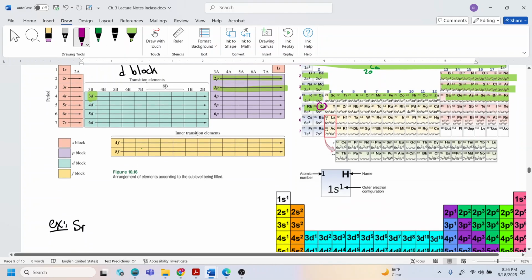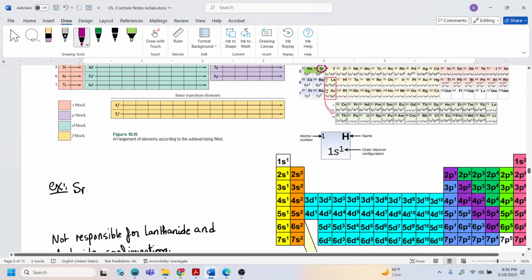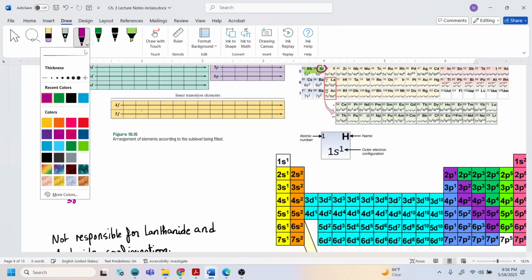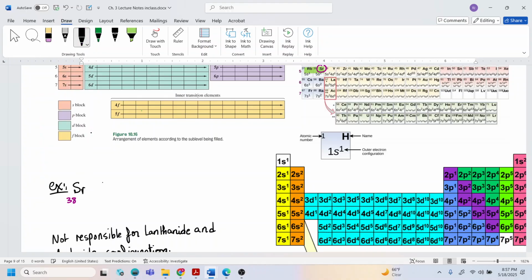So let's write that down. Sr has an electronic configuration with atomic number of 38. So Sr is going to be 1s2, 2s2, 2p6, 3s2, 3p6, 4s2, 3d10, 4p6, and then the last shell is going to be the n equal to 5, the 5s2 in there.